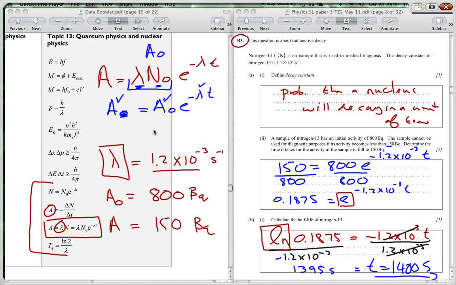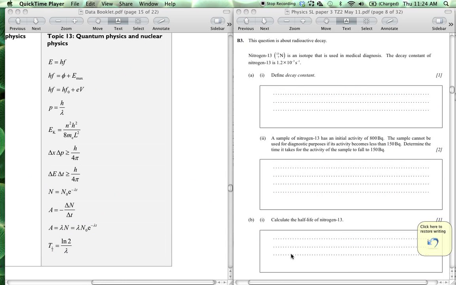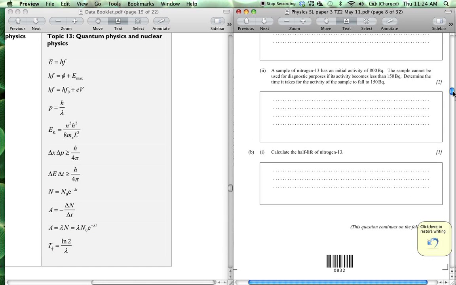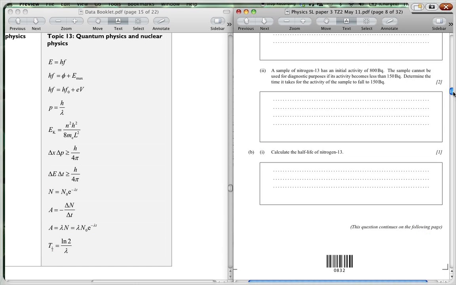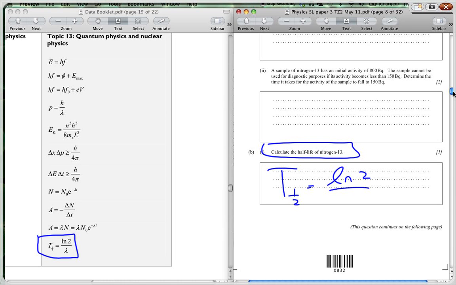Alright, so we've got that. And then we are going to do the last question. It says calculate the half-life of nitrogen 13. Well, that's pretty straightforward. We don't need to do any calculations. We can just use that formula over here, that your half-life is equal to ln 2 divided by your 1.2 times 10 to the minus 3.